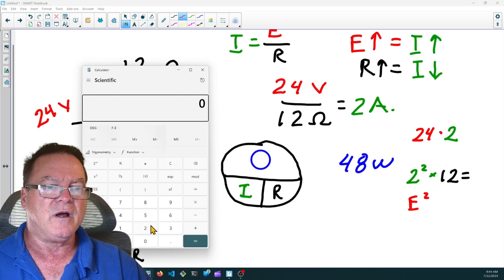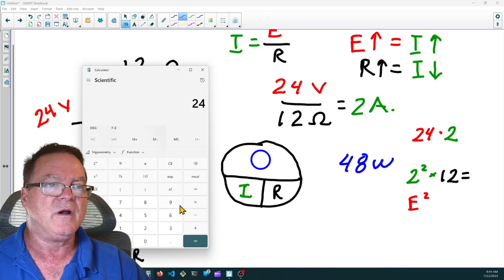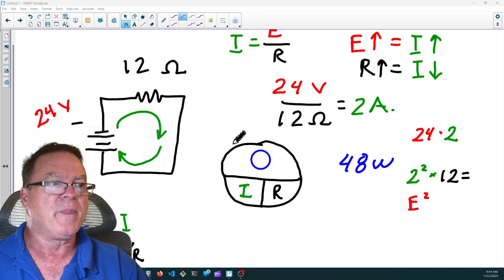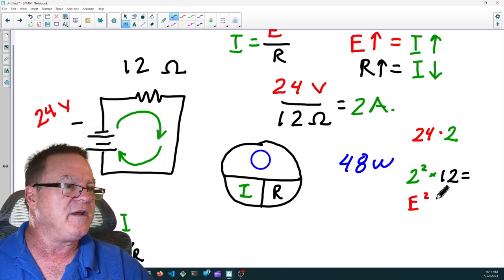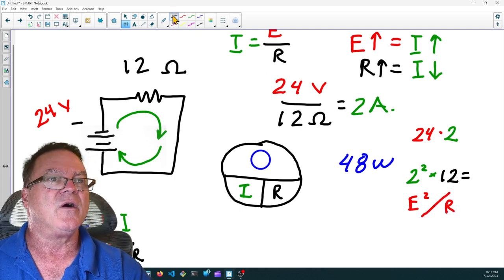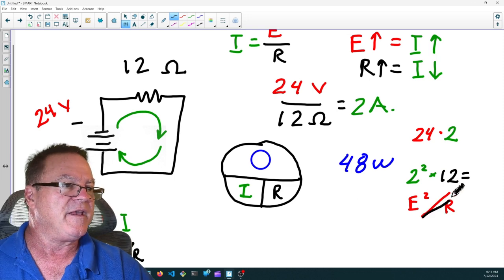So 24 times 24, 576 divided by 12 ohms is 48. So there's your E squared divided by R. E squared divided by R equals P. Now I'm messing everything up.